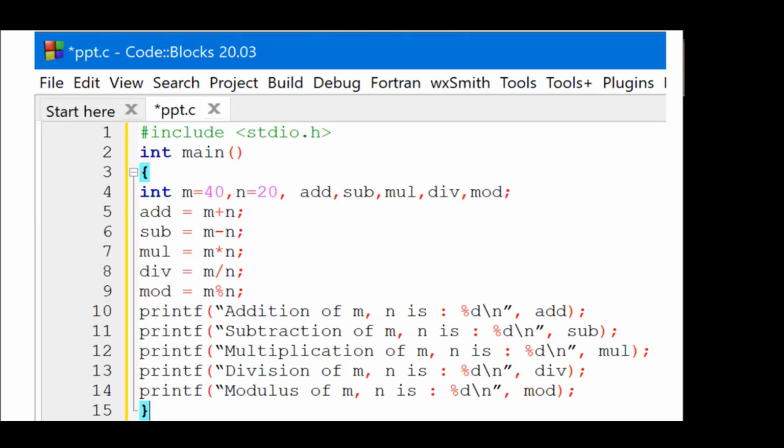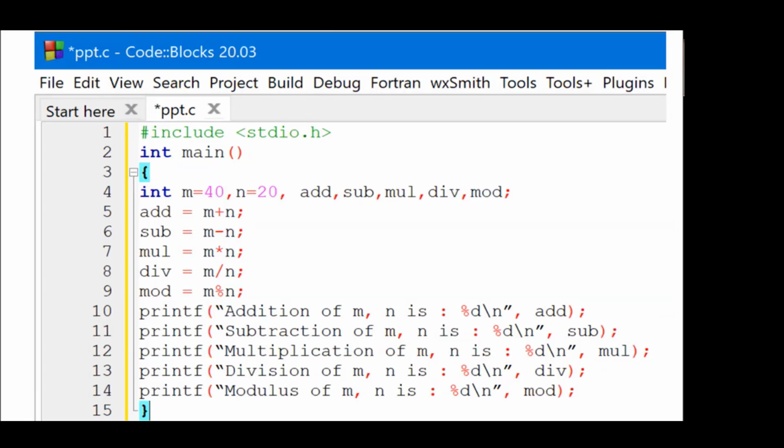Int main, and we come down to declare our variables in line 4. Because we want all of them to be in the integer data type, they are preceded with int. So int m equals 40, comma n equals 20.